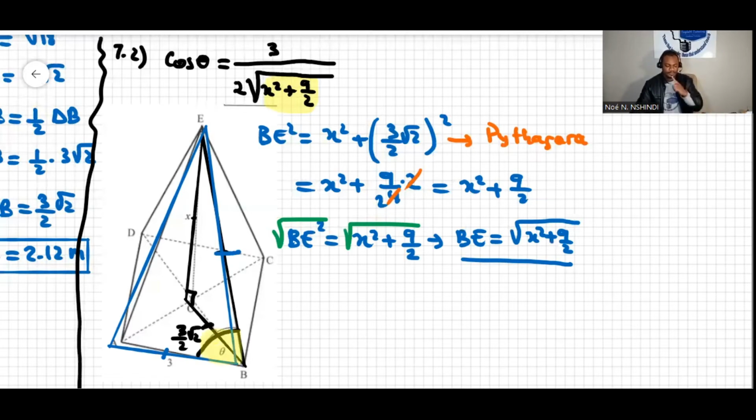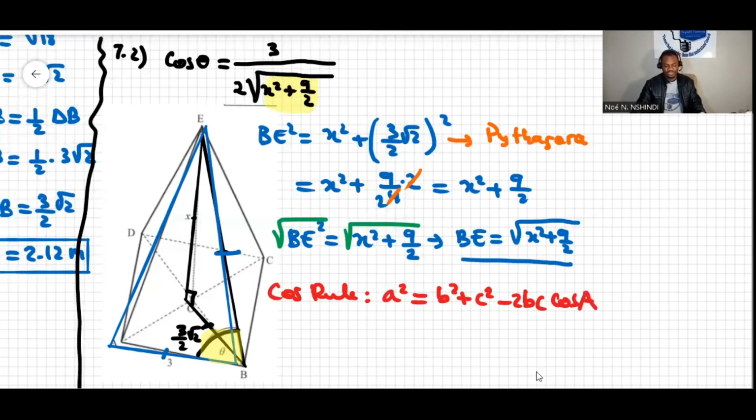So now how can we get AE? Yes, we can find theta by applying the cos rule, because we have 2 sides and the angle in between them. The cos rule says that a squared equals b squared plus c squared minus 2bc multiplied by cos of the angle opposite side a.